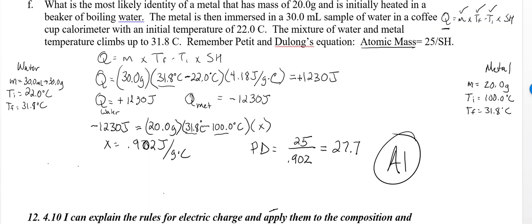So once we plugged all those numbers in, we got the Q of the water. How did that help us? Because we reversed the sign to find the Q of the metal. However much energy the water gained, the metal must have lost. So now that you have the Q of the metal, it's just a matter of doing algebra to find x.